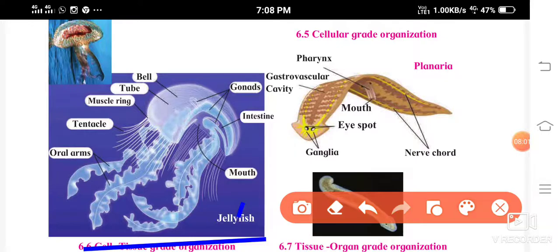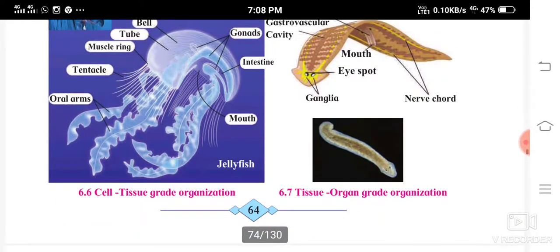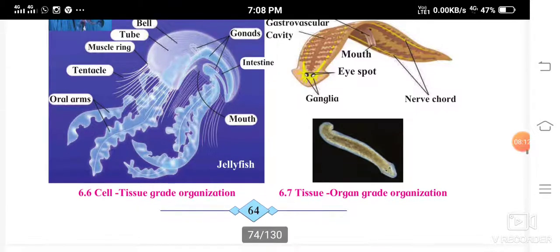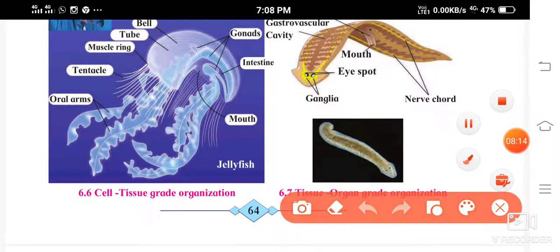It's here, jellyfish. Then tissue organ grade organization like flatworms. You can see it over here.